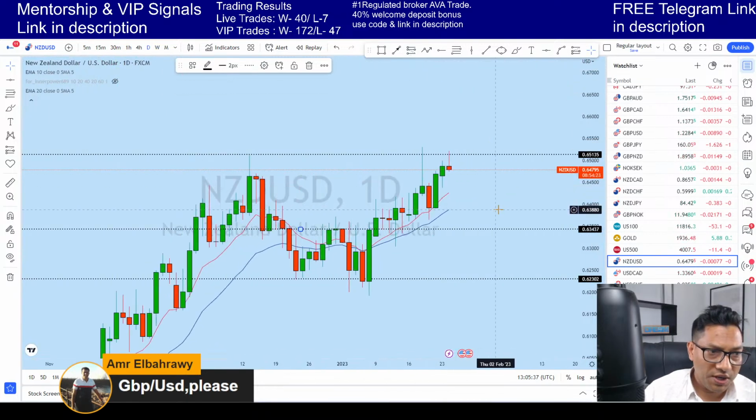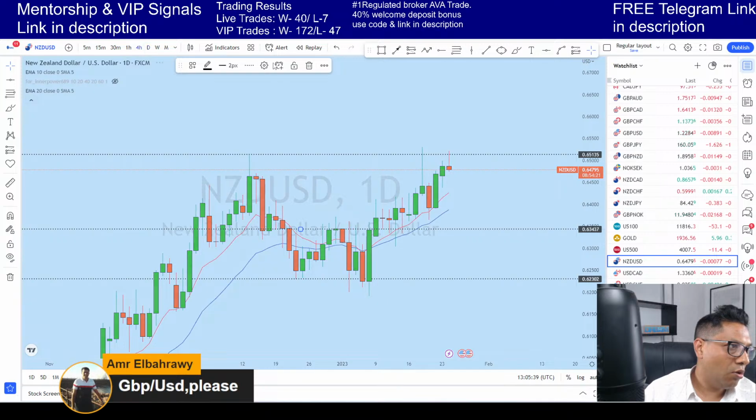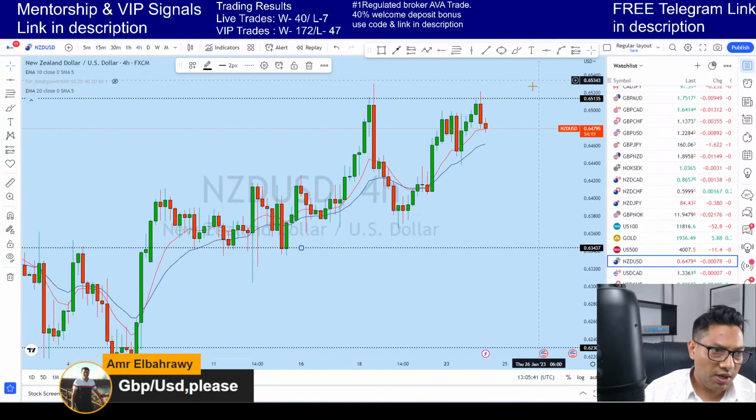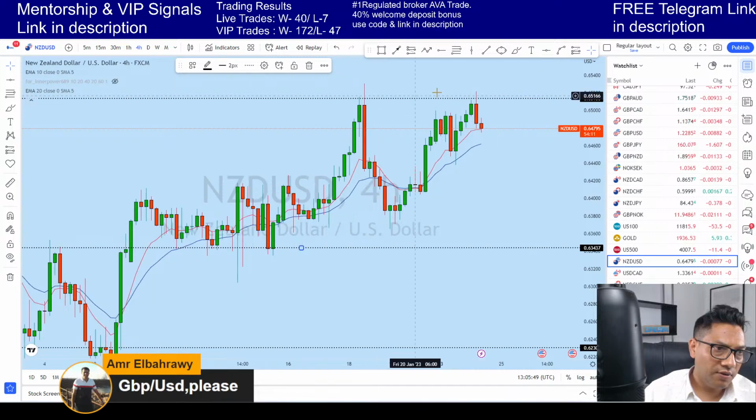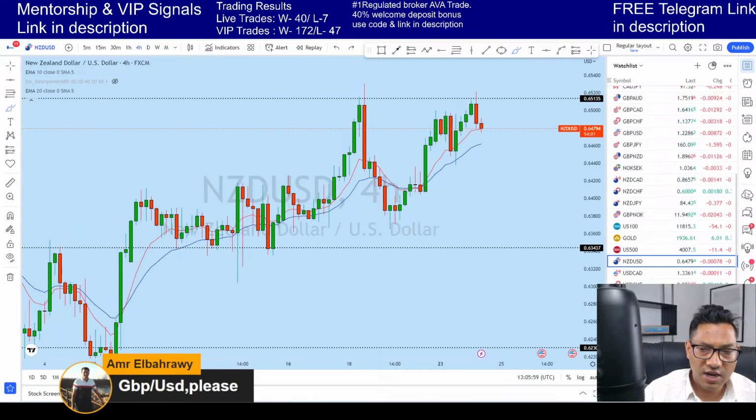So there could be some bearish move now on NZDUSD, as we see with DXY and GBPUSD. All those pairs look like they failed to create a higher high.